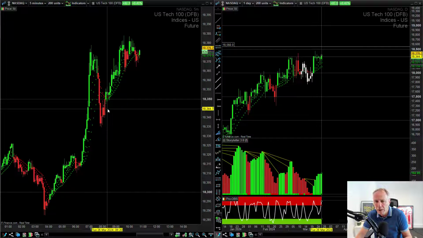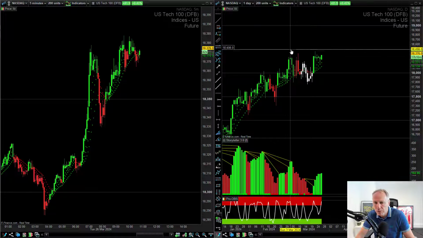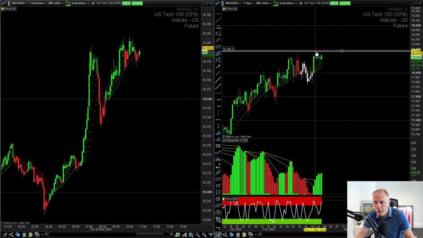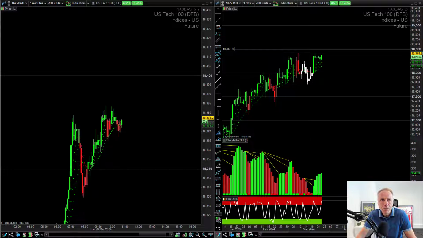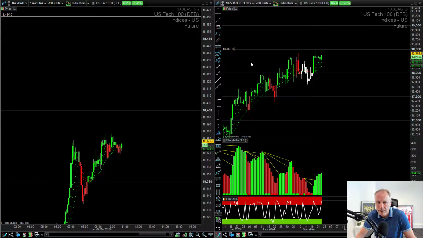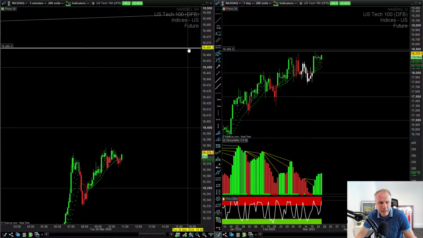I'm only going long. So I'm going to get this horizontal tool, this line, and I'm going to put it across the highs here because I don't want to be buying when it gets to 18,462. So when price on this market gets to 18,462, which is going to be a lot higher than where we're sitting right now, so 18,466 in fact, which is right here.